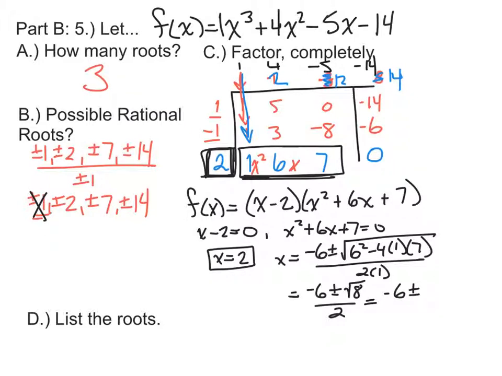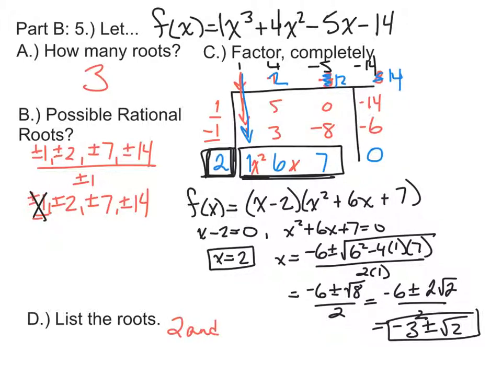The perfect square factor of 8 is 4. Square root of 4 is 2. So square root of 8 is going to be 2 square root of 2. Then we divide each of those terms by that 2 to get negative 3 plus or minus square root of 2. And those are all three of our roots. 2 and negative 3 plus or minus square root of 2.